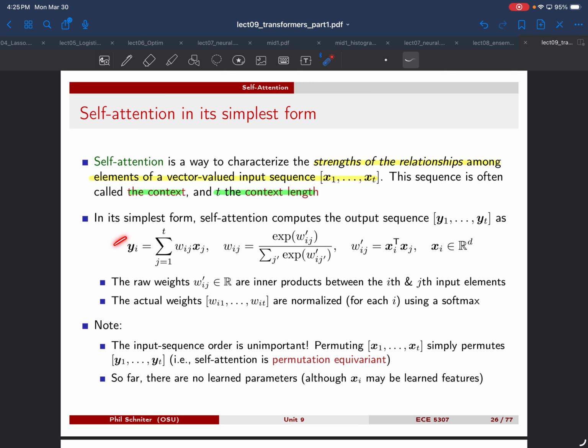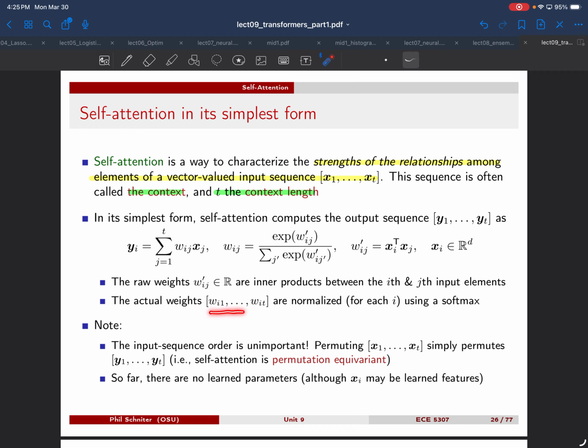If we're computing yi, we're going to do inner products of xi with all the other xj. We're going to call those weights w prime ij. These weights can be positive, negative, they're not normalized. We're going to normalize them by putting them through a softmax individually for each i across j.